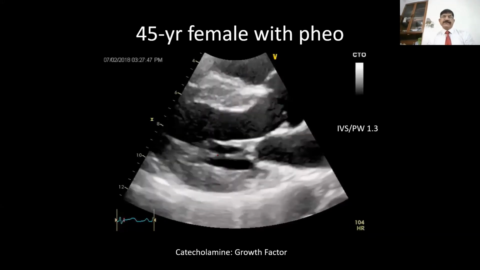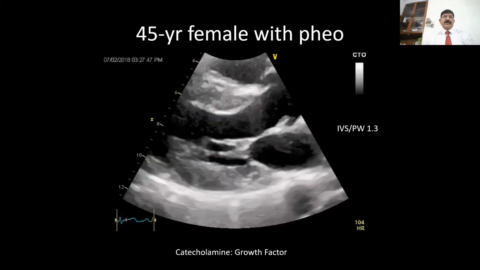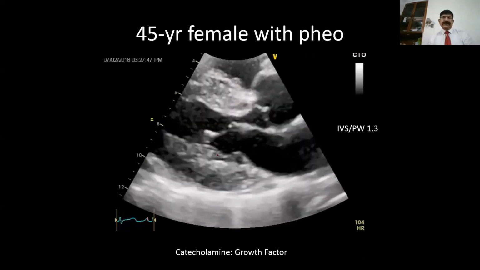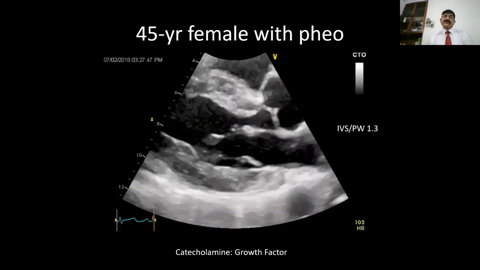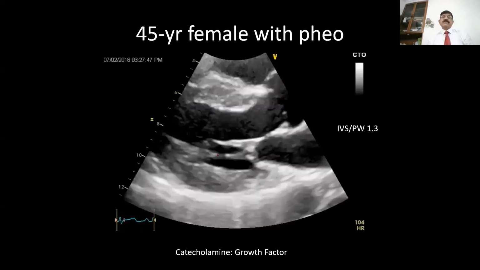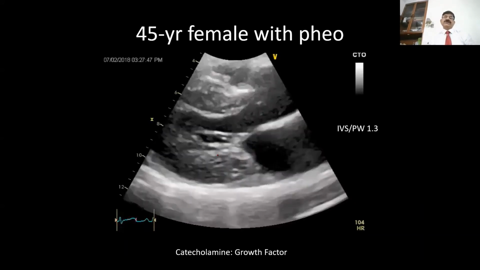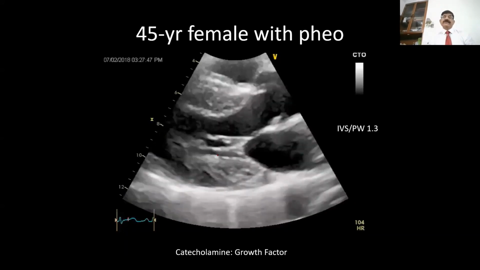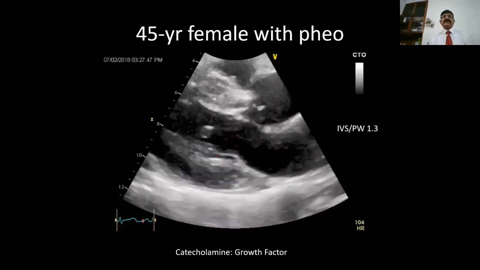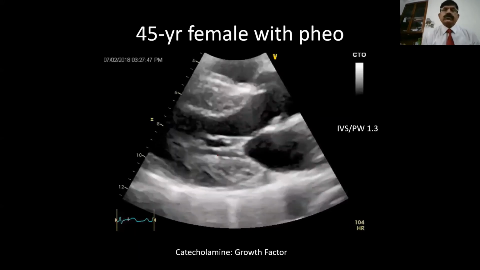No asymmetric septal hypertrophy, no SAM. Mitral valve may be slightly thickened. It is known in pheochromocytoma sometimes, but this is another variety which you should keep in mind. Whenever you find that somebody has episodic hypertension but much thicker walls, think of pheochromocytoma.